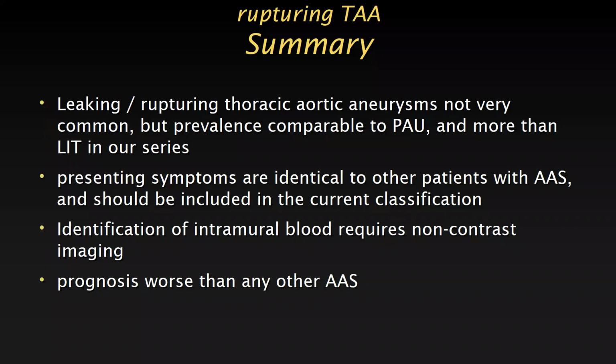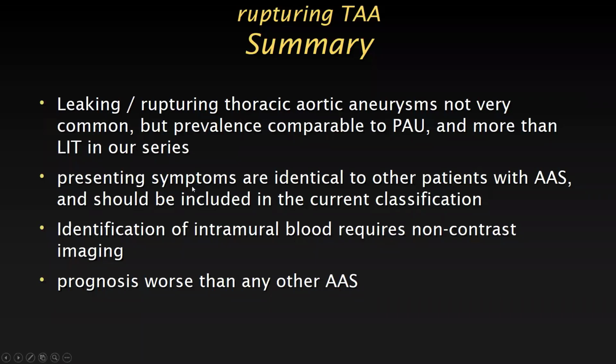This is why we think that a rupturing aneurysm should also be part of the acute aortic syndromes, whereas traumatic lesions should not be part of it, and iatrogenic lesions should not be either, because they are not spontaneous presentations of acute aortic syndromes.